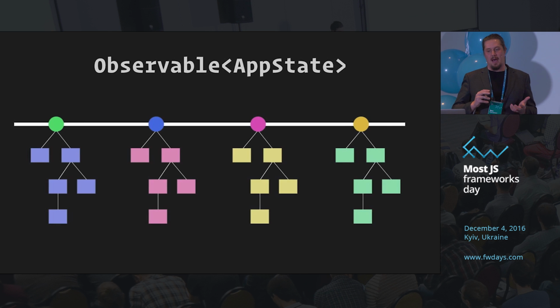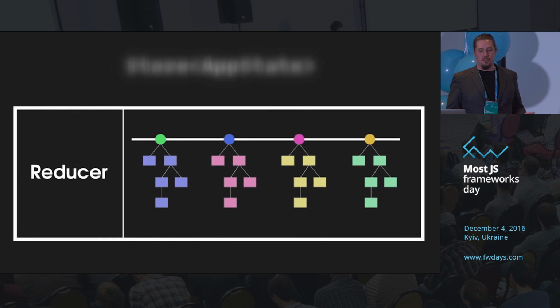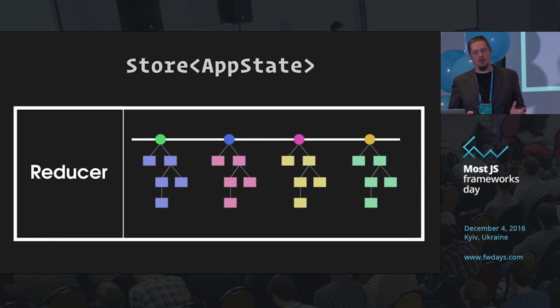So the state is actually an RxJS observable in this application. If we take that observable and package it up together with the reducer function in the same object, we get something called a store. This is the essence of the NGRX store pattern: the combination of your state with the reducer function that operates on that state.